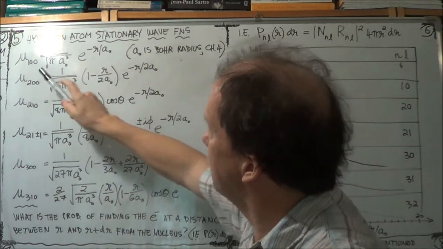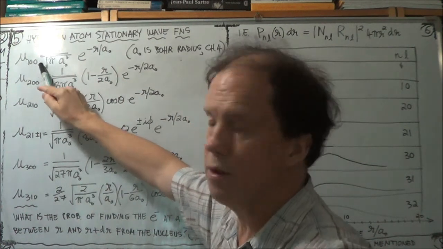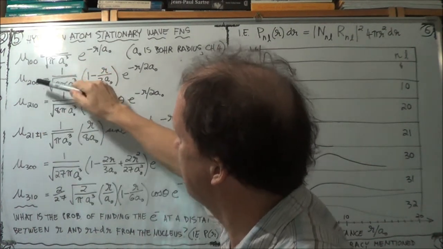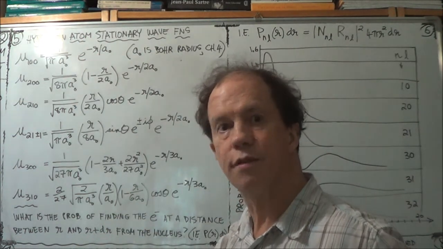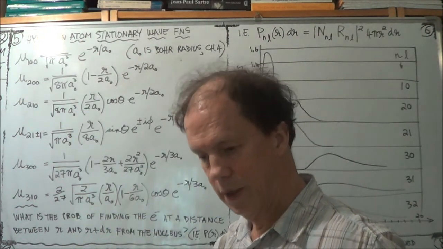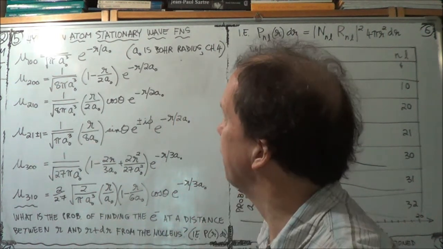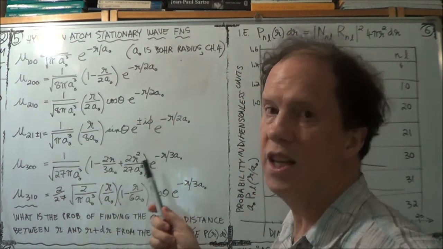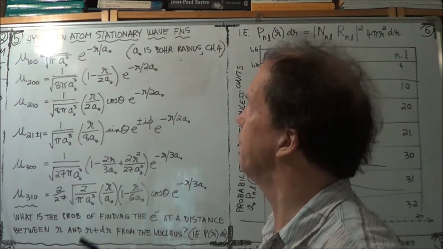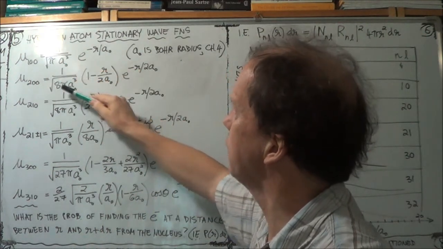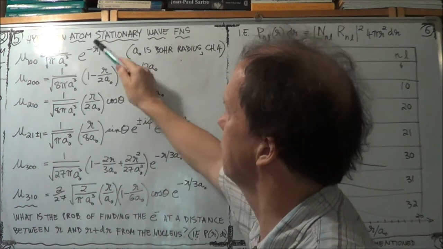So let's see, when L is 0, then m has to be 0. So in these two cases there should be no mention of thetas and phis, your spherical harmonics. There won't be any dependence in this term on theta and phi. So they'll just be a function of r, and that's what you've got here, purely functions of r.